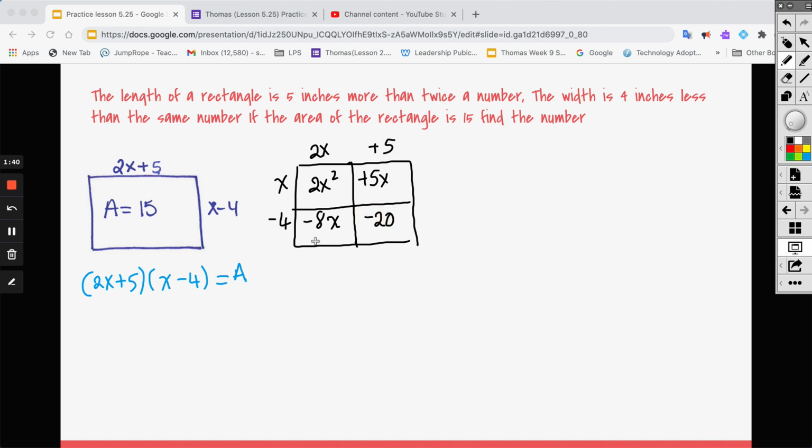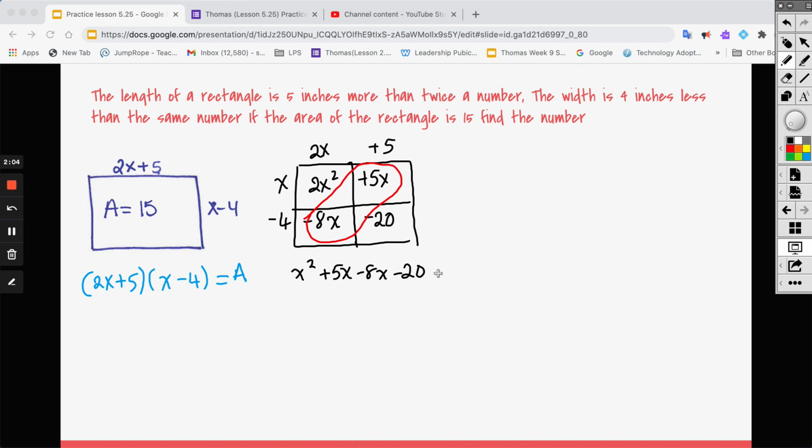So when we simplify that, we know that we can combine like terms, which is going to be our 5x minus 8x. So when we simplify this expression, it's going to be 2x squared plus 5x minus 8x minus 20.